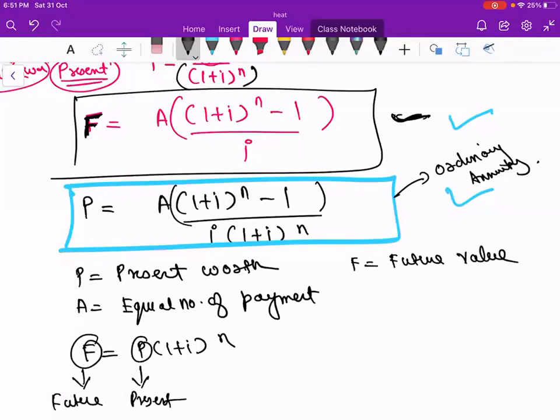We have seen annuity, present worth, equal number of payments, and future value. From this part, GATE has asked questions so many times. We will do questions, don't worry. But is everyone getting it? Okay, it is crystal clear.